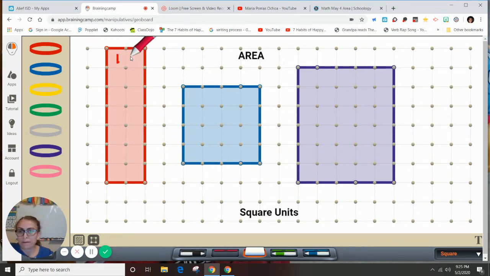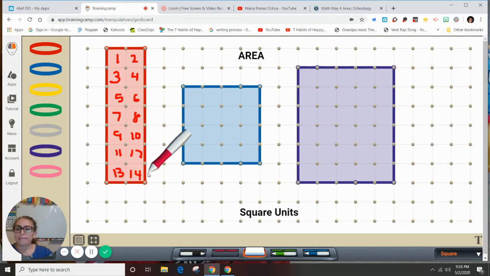So I'm going to have 1, 2, 3, 4, 5, 6, 7, 8, 9, I'm sorry, 10, 11, 12, 13, and 14. 14 square units. The area of this shape is 14 square units. Okay? And I'll do the same for each one of these.